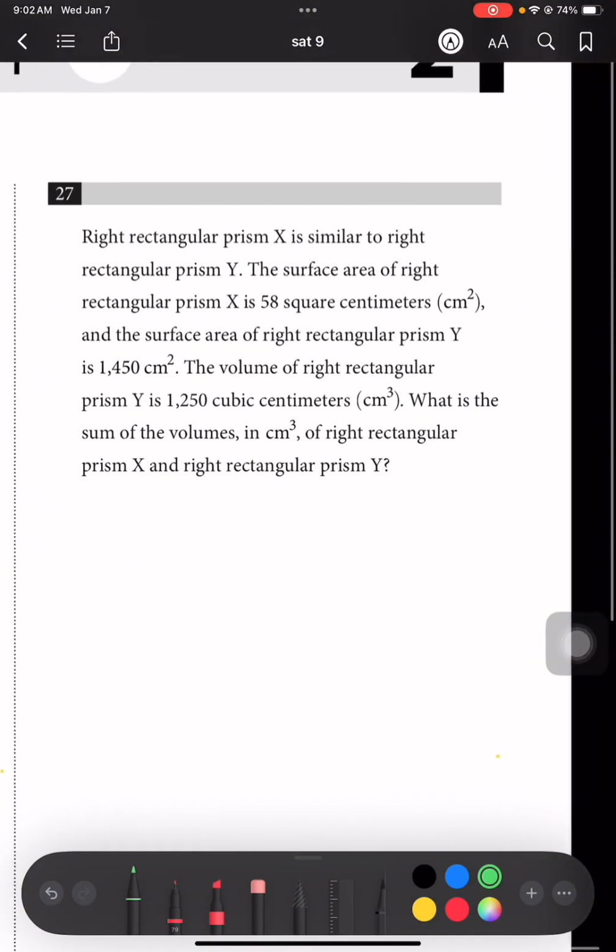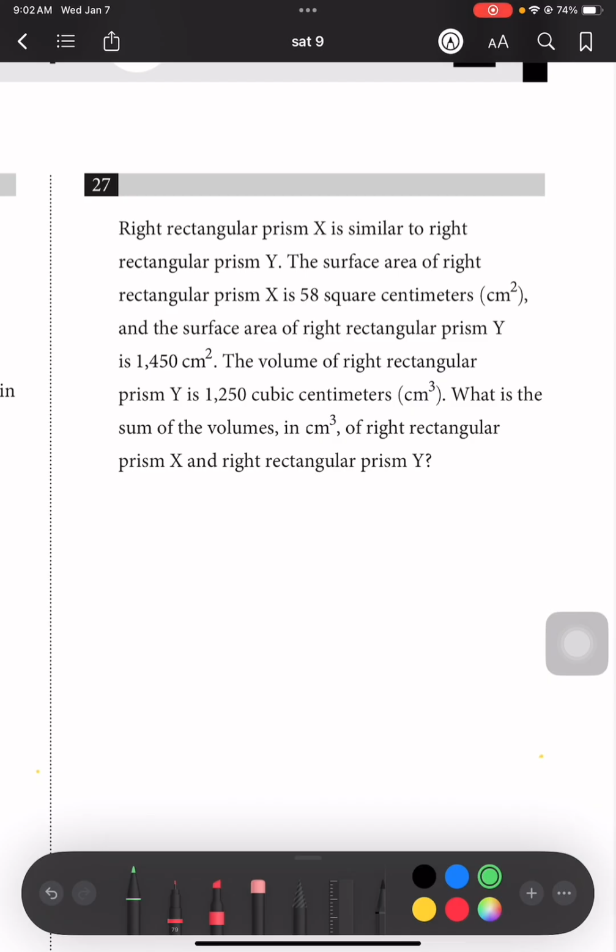Okay, anyway, 27. Right rectangular prism. What does that mean? I don't even know what type of right rectangular prism. Similar right rectangular prisms. The surface area of right rectangular prism is 58. The surface area of the right rectangular prism is 15.